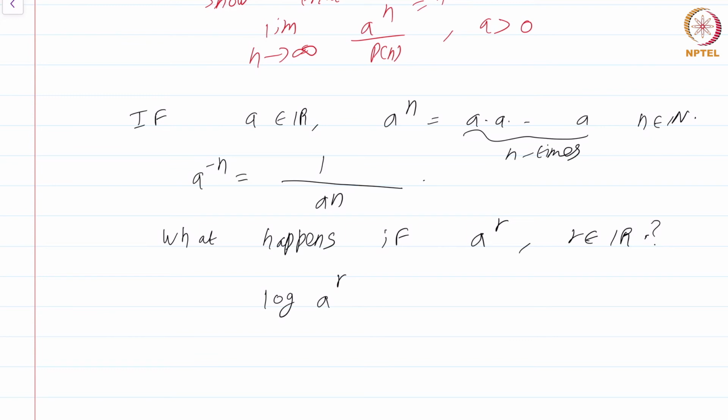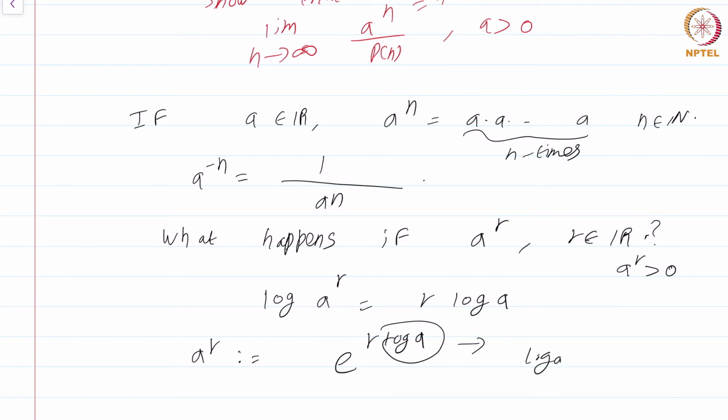You can do that whenever a power r is greater than 0. When a power r is greater than 0, you can take log of a power r, and we know that this becomes r log a. Okay, so we can just reverse engineer and define a power r to be exponential of r log a. Okay, and this will make sense whenever log a makes sense. Okay, in other words, whenever a is greater than 0.